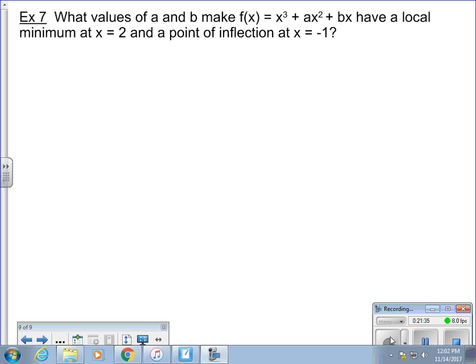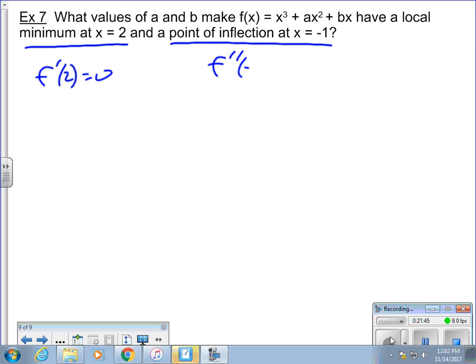So, minimum at x equals 2 means that f prime of 2 has to be 0. Point of inflection at x equals -1 means f double prime of -1 has to be equal to 0. So here's what you do. Take the derivatives, plug in 2 for x, plug in -1 for x, solve for a and b.